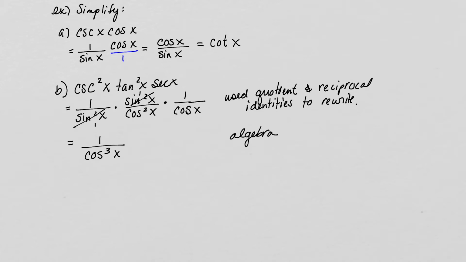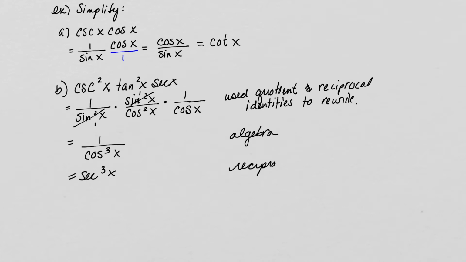Then I can rewrite 1 over cosine of x as secant, so 1 over cosine cubed of x is just secant cubed x. Basically I've used the reciprocal identity again. Questions?